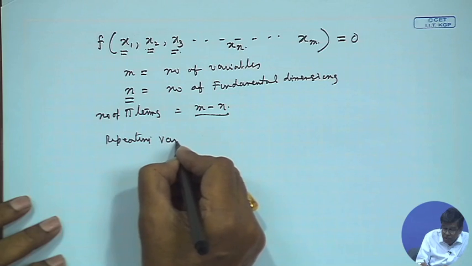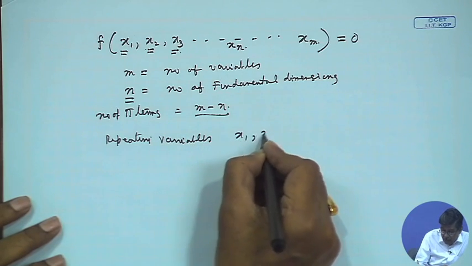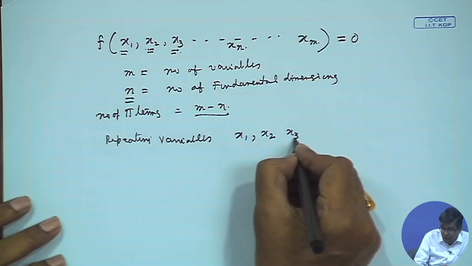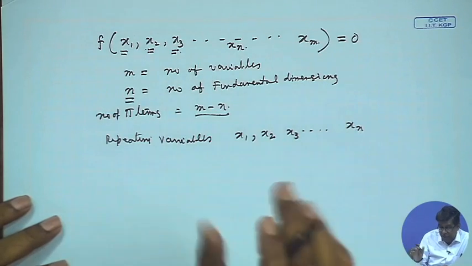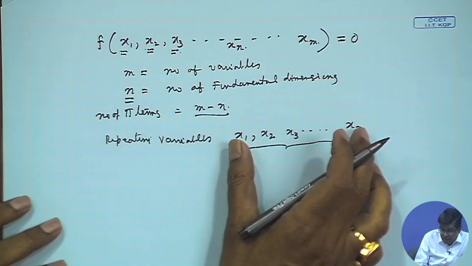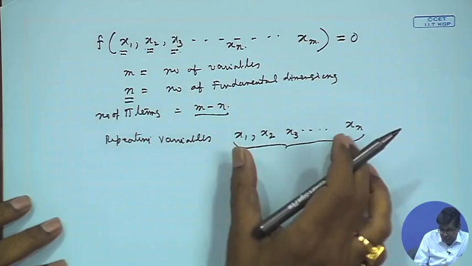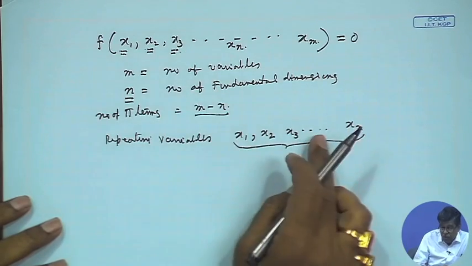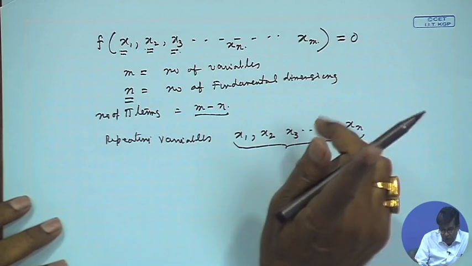We choose any n number of physical dimensional variables arbitrarily, but there should be a caution. In these n repeating variables, where n is the number of fundamental dimensions, no variable should be an output parameter of the process. That is caution number one.